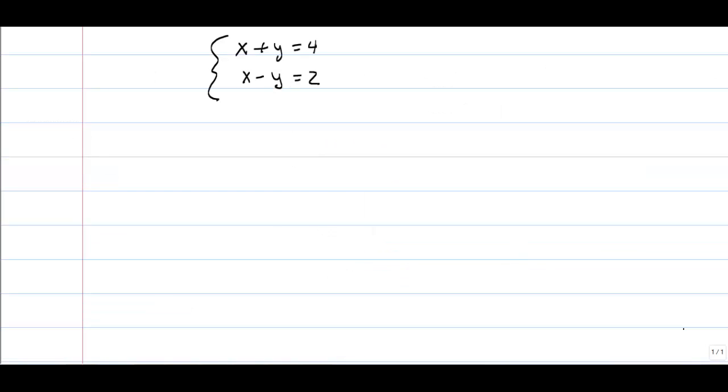When using elimination, what we're really doing is saying, we can add, like if I had an equation x plus y equals 2, I could add 2 to both sides, and the equation would still be equal. Well, if I'm saying x plus y is the same thing as 4, then I can add x plus y to the left-hand side of my second equation and 4 to the right-hand side, and I'll still have an equality.